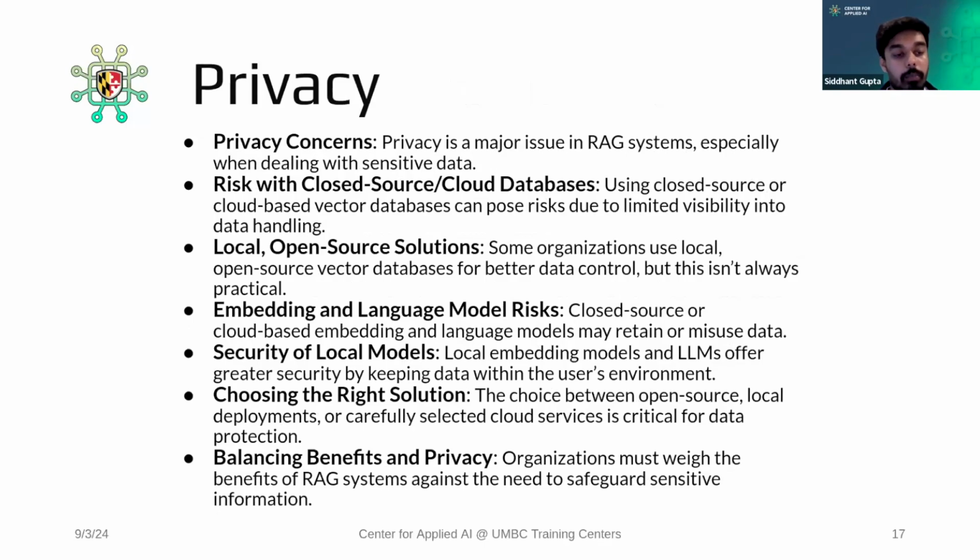And one of the major concerns among people is privacy, because let's suppose I'm using a large language model API and I'm doing RAG against it, there's a chance that the company whose API I'm using can use our data to train their models further, which we do not want, because our data could be private, it could be personal, and if someone else gets their hands on it, then it might lead us into trouble.